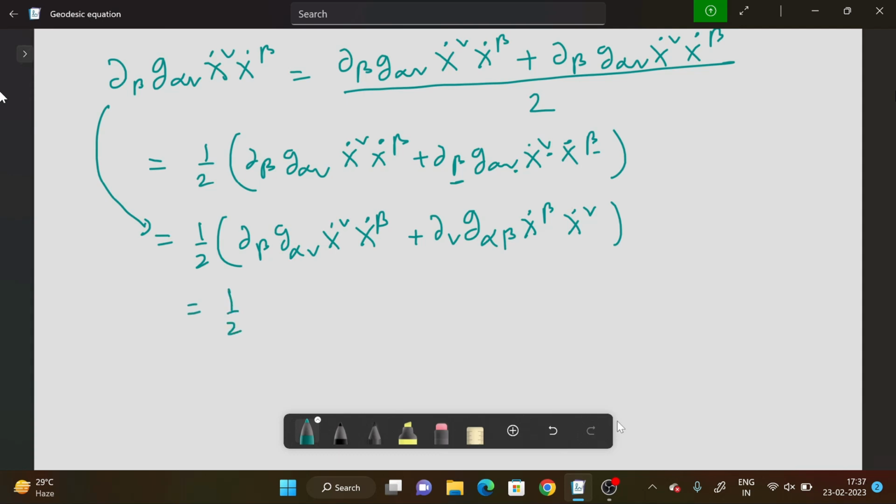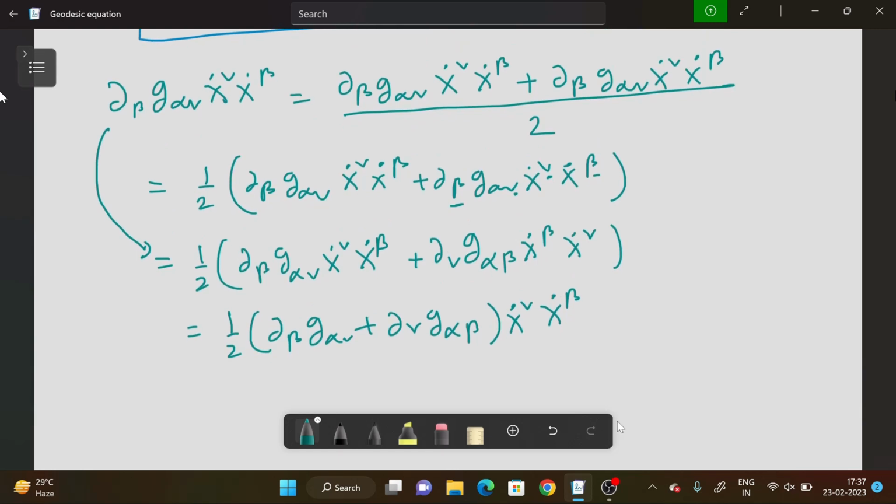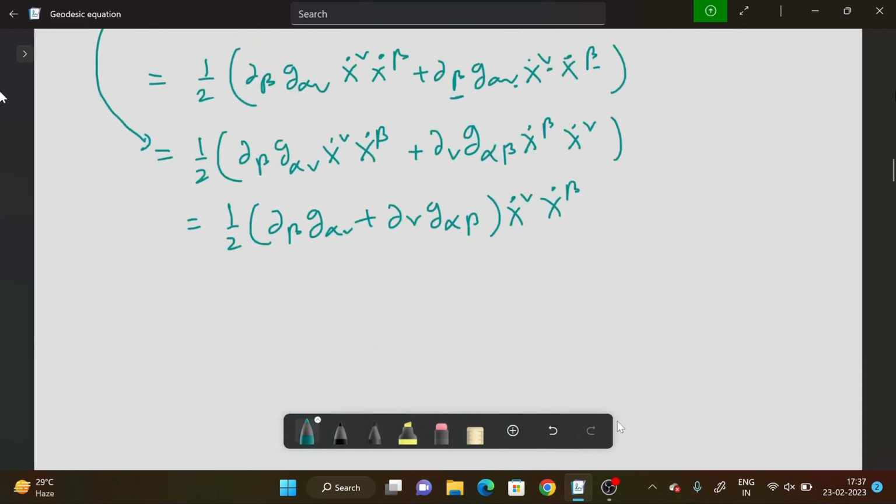I can write this as 1 by 2 d beta g alpha nu, and I can take these things common, and I will be left with d nu g alpha beta x dot nu and x dot beta, right? I have this thing. Now with this manipulation, let us see how we can write our Euler-Lagrange equation once again.